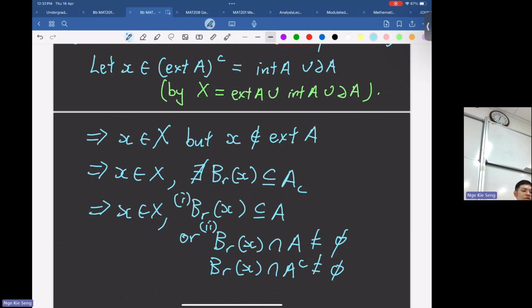Okay. You need to know that this has to be true for all balls. So this X will be the boundary. In other words, actually, this is a limit point. Right? Because you keep having points of A on one side. Does it make sense?